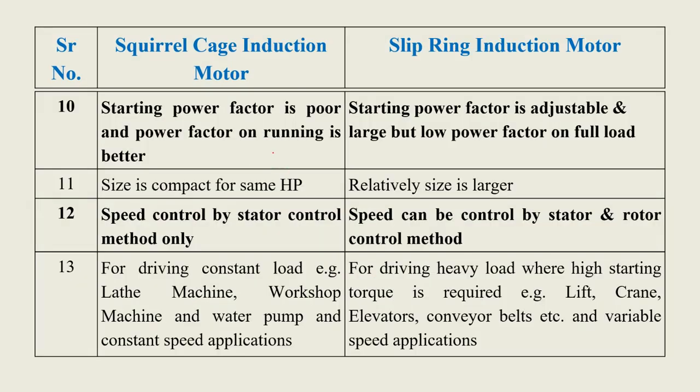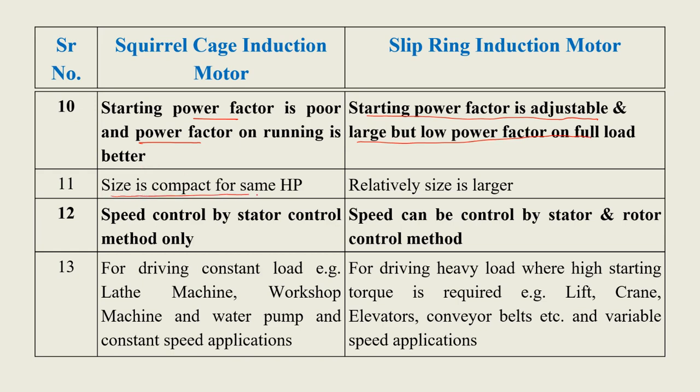The next is the starting power factor is poor for squirrel cage, but when the motor is running, the power factor is better. For slip ring, starting power factor is adjustable. By varying resistance, you can adjust the starting power factor, but it has low power factor on full load.